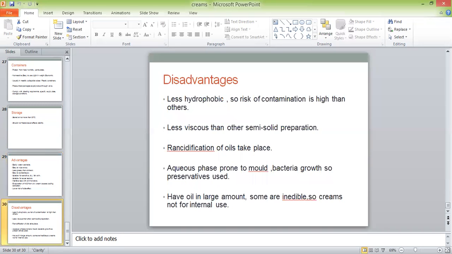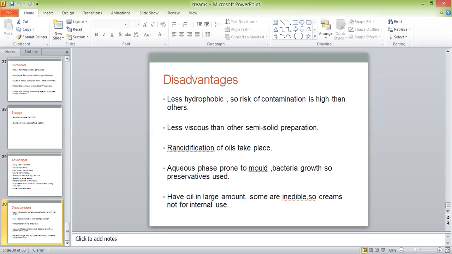Now there are certain disadvantages of creams. They are less hydrophobic, and the risk of contamination is high in creams. They are less viscous as compared to other semi-solid preparations. Rancidification of oils also takes place. The aqueous phase present in creams is susceptible to bacterial growth or mold growth, so preservatives are used to prevent this.